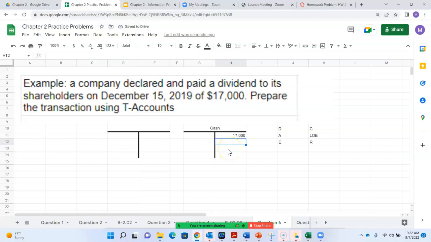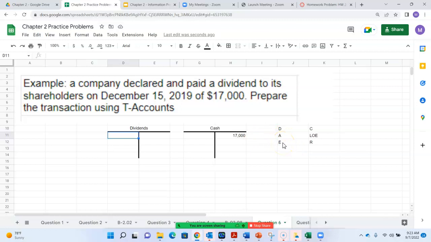It has to have an offsetting account, right? Every transaction impacts 2 accounts. So there is a T account called dividends. And like I said earlier, it is technically not an expense. It reduces owner's equity. Therefore, when we use a T account to create dividend transactions, you can almost think about it as an expense.